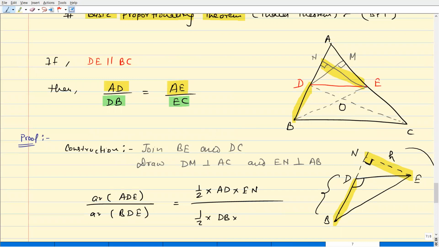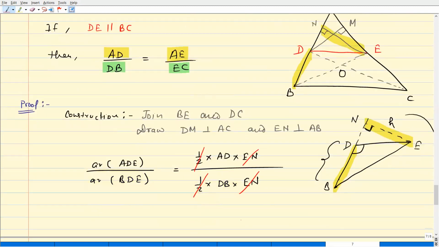Okay, so for that, what will happen? Area of triangle BDE will become half into base DB into height again EN. Confirm all of you. Everyone is able to understand this part. Okay. So as you can see here, half and half, EN and EN is common.